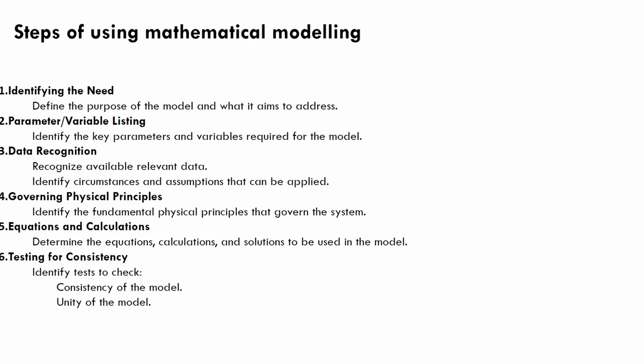Okay, so next comes the point of data recognition. As I said, I'm going to talk about this in a little bit more detail during the later part of this lecture. But in general, recognizing the available relevant data is very important. Majorly the kind of data that we use for this kind of mathematical modeling, or any systems biology methods, is basically omics. We have different kinds of omics data. We have genomics, transcriptomics, proteomics.